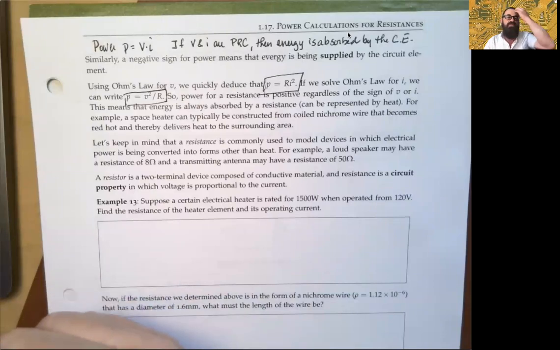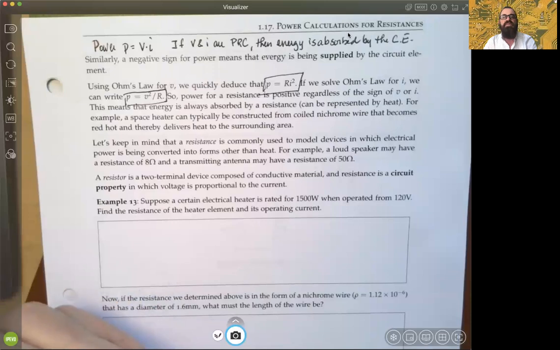So this is the idea of power being converted into other energy forms, not just heat. A resistor, of course, is a two-terminal device composed of conductive materials. Its resistance is a circuit property in which voltage is always proportional to the current, and that proportionality constant we usually refer to as capital R, the resistance.